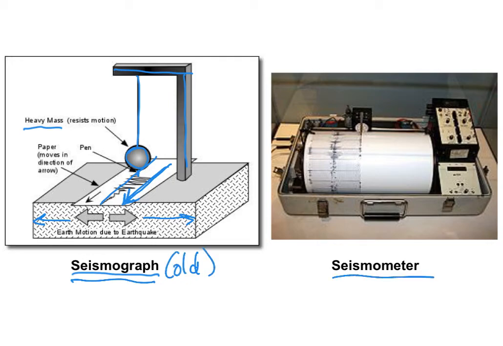It pretty much does the same thing. Right here is a pen, and so it's still marking on this big roll of paper right here, but it's a little bit more technological. It uses electromagnetic energy to measure the shaking, and it's a lot more sensitive. So scientists use these seismometers now instead of a seismograph, but it still does pretty much the same thing.